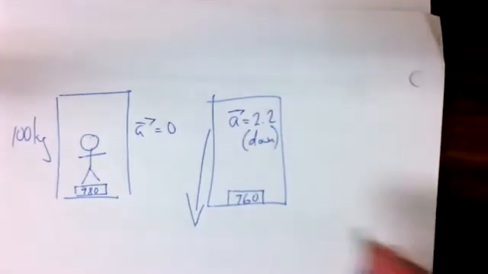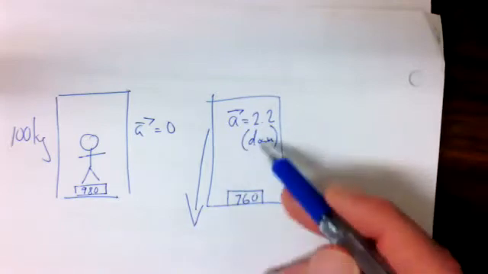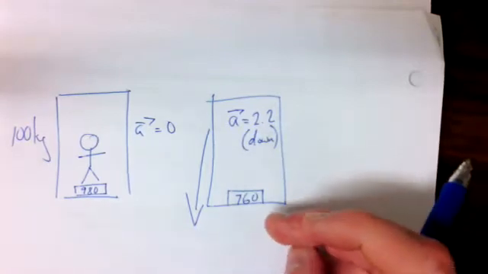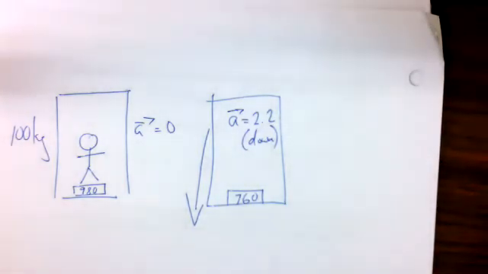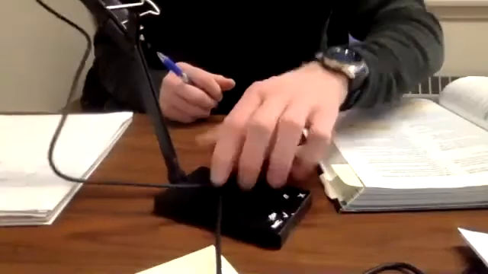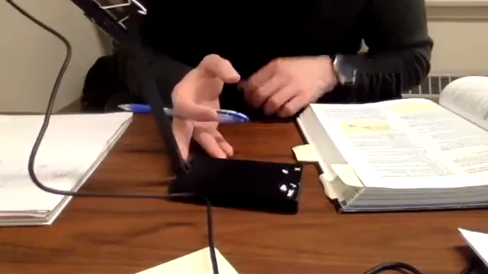So gravity isn't working as hard because you are already going in that direction. Hopefully this doesn't confuse things, but when I talk about FS max, maximum static friction, there is a maximum. When I push this thing around, it resists a little bit, but not very hard.